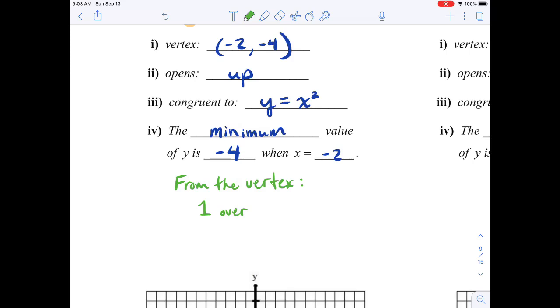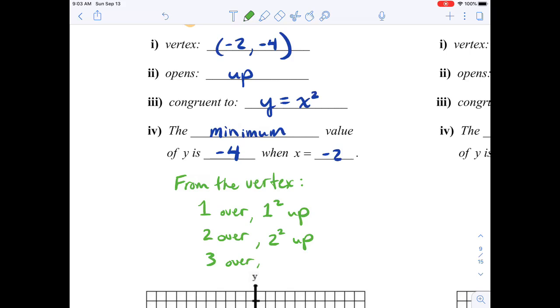So we go over by 1, and then we go up by 1 squared. So we're going to be going up each time by the square of whatever we went over by. So the next one will go 2 over and 2 squared, or in other words, 4 units up.